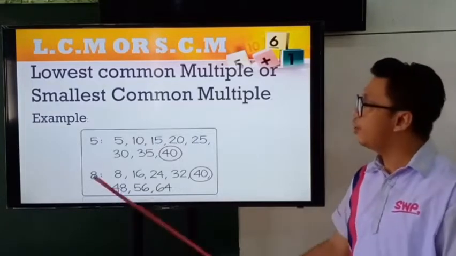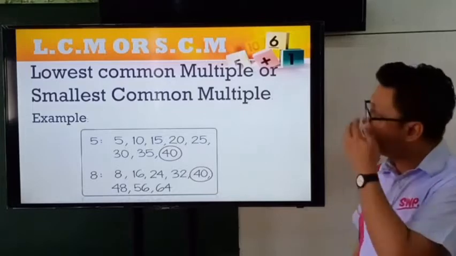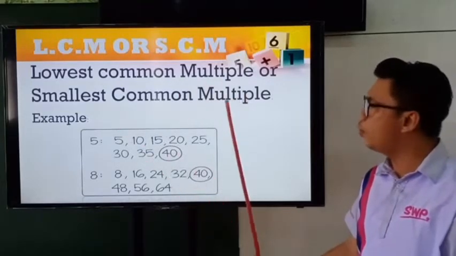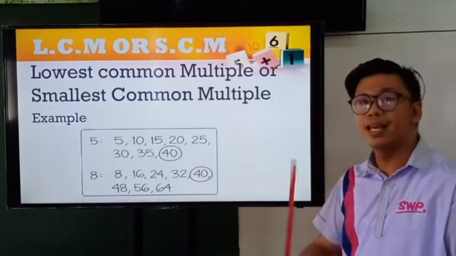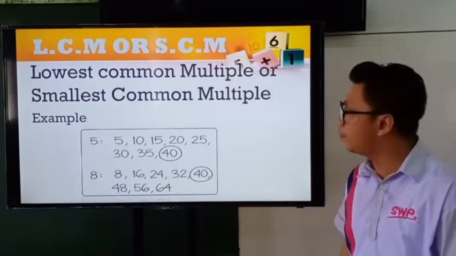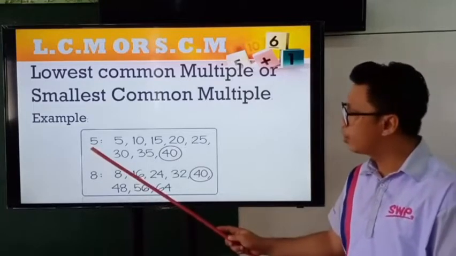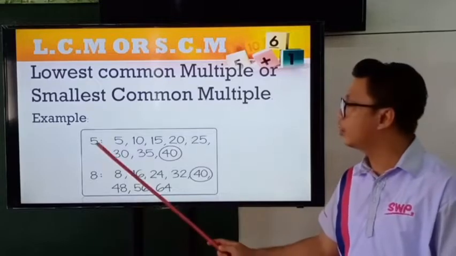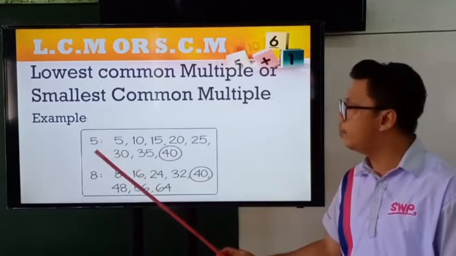Okay, so we have here the example. When we say lowest common multiple or smallest common multiple, that is the smallest number shared by two factors. For example, we have here 5 and 8. What is the multiple of 5 and 8?